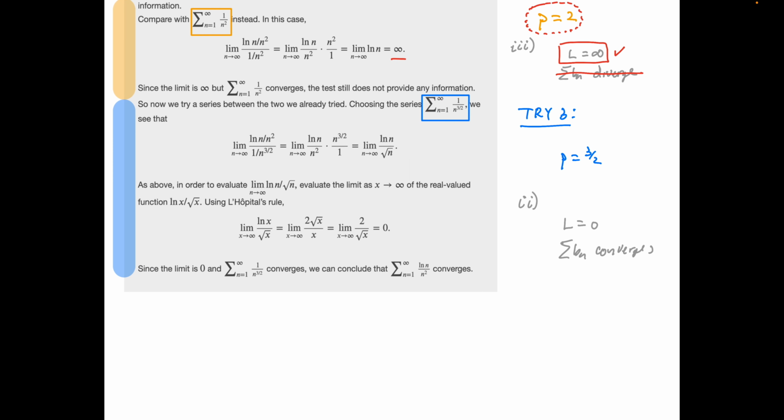And we'll find that we get 2 check marks, that the limit of comparing a_n and b_n is 0, and that using p equal 3/2 for our b_n will yield a convergent series, and therefore the series under consideration also converges. Nice.